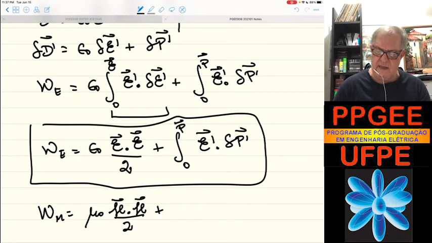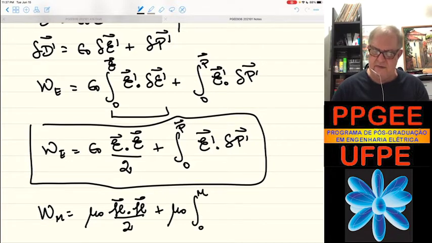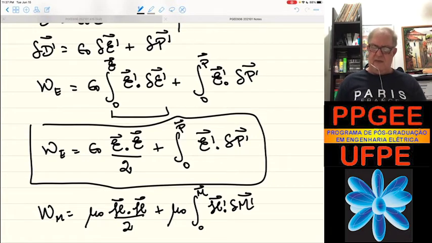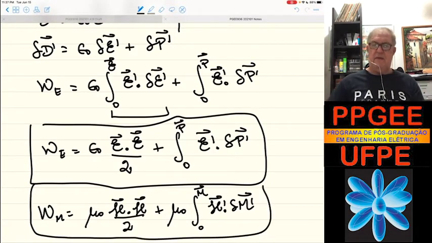Plus then you have plus integral from 0 to M of H dot delta M prime. So that's what we have, right? That's what we have for the magnetic energy density.